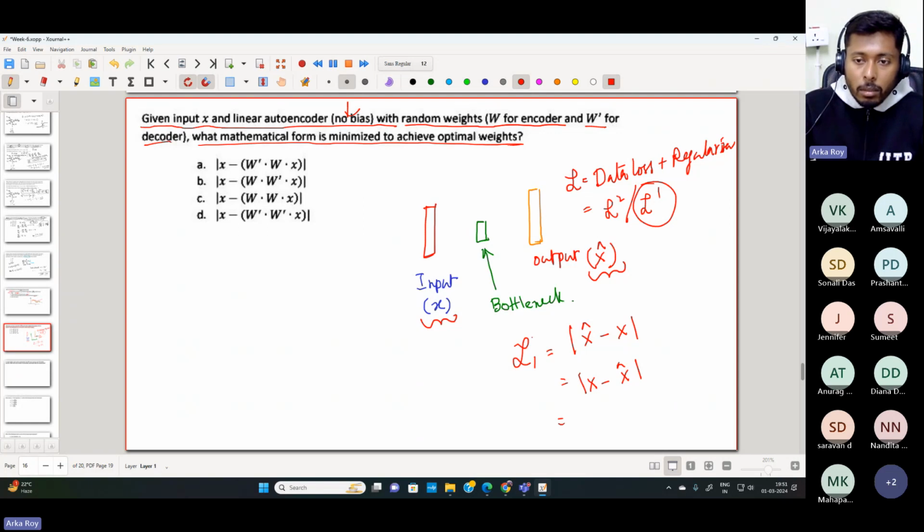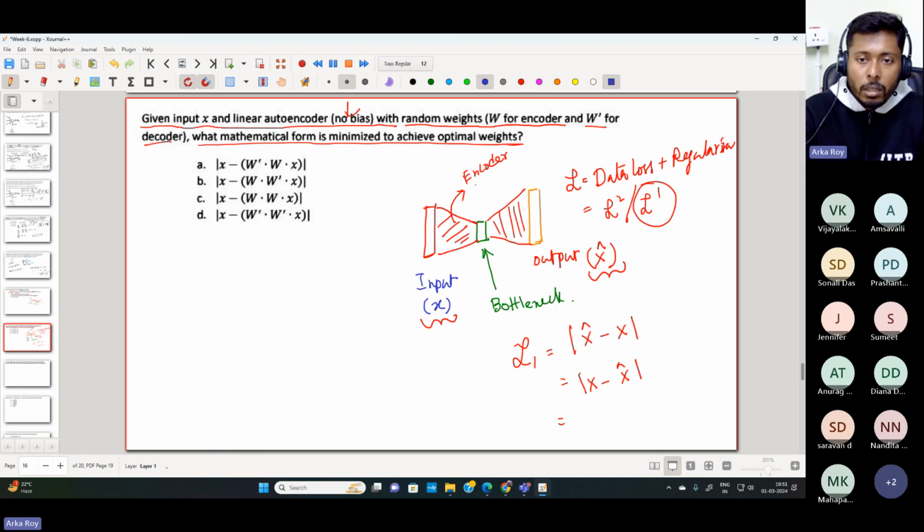And let us consider this part. What is this part called in the autoencoder? The encoder. This is called encoder.